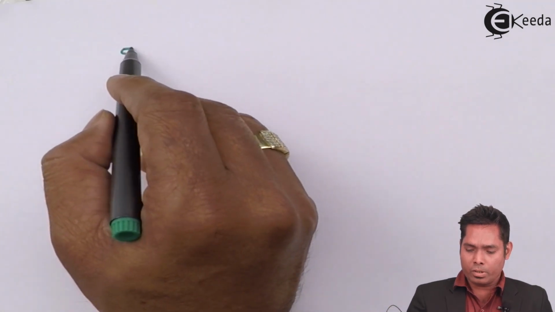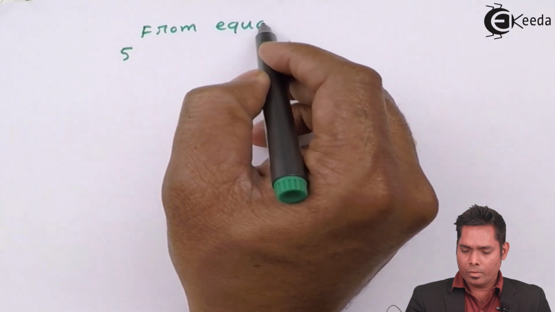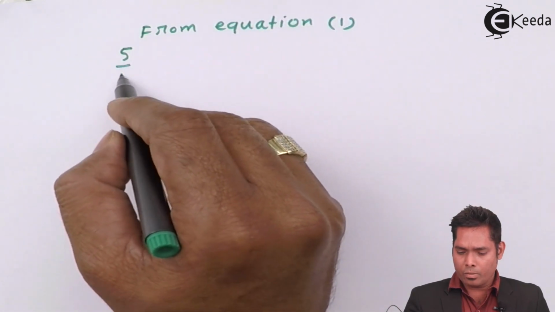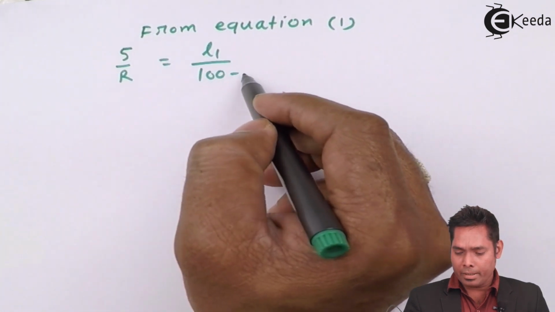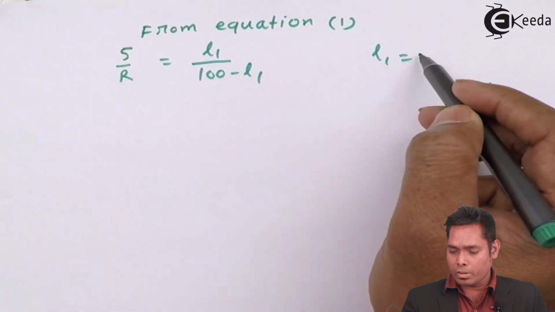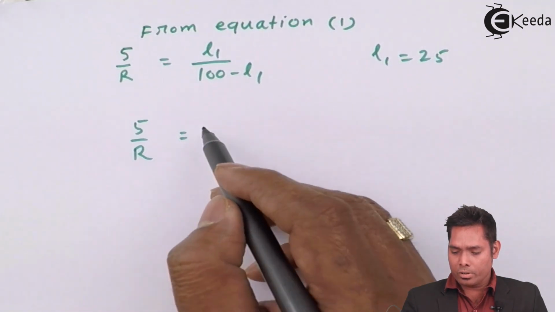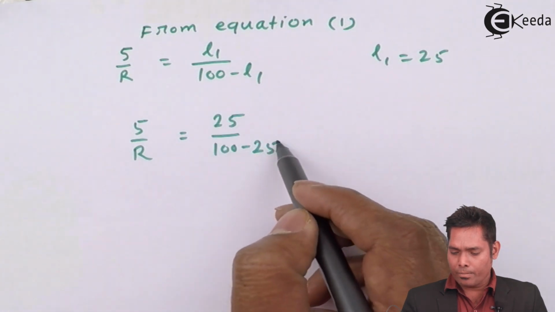So from equation 1, I have 5 over R is L1 divided by 100 minus L1. I'll put L1 equals 25 here. So I'll have 5 divided by R is 25 divided by 100 minus 25.